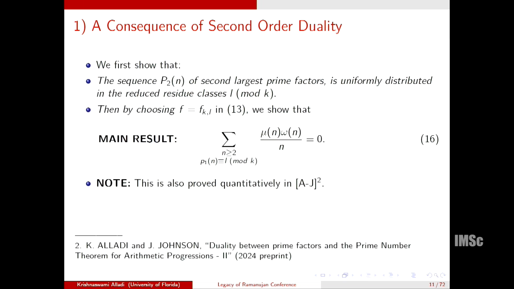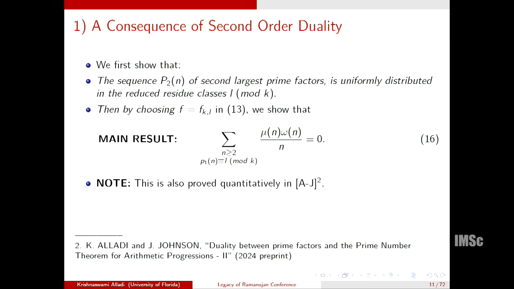Okay, so the main result now is, just as we proved there that the sequence of largest prime factors is uniformly distributed modulo k, we now prove that the sequence of second largest prime factors is uniformly distributed modulo k. But this proof is more difficult compared to the distribution of the largest prime factor. And I will tell you why it's more difficult.